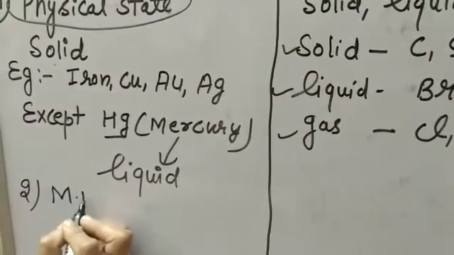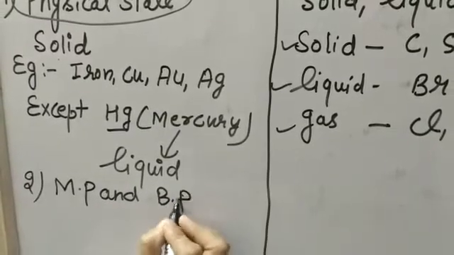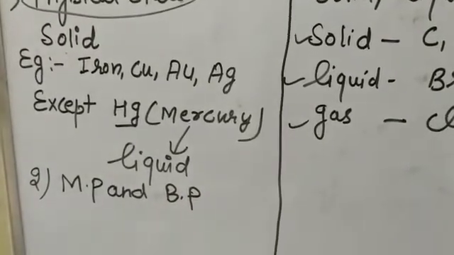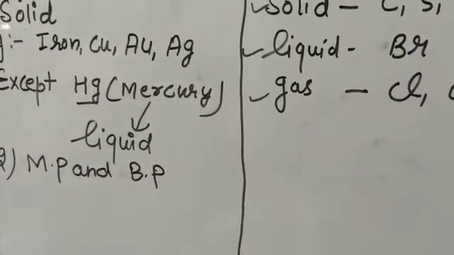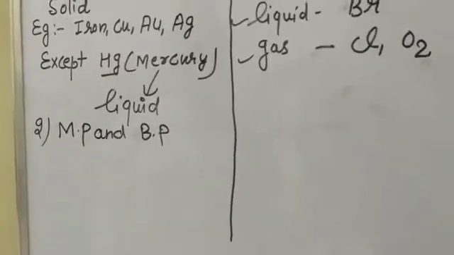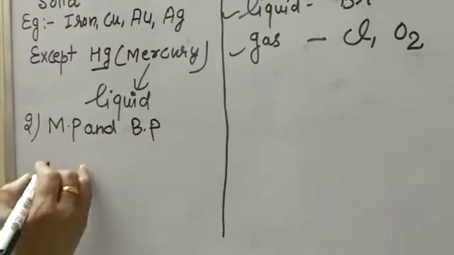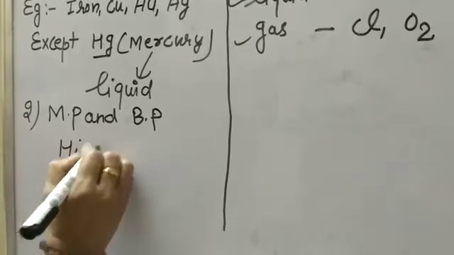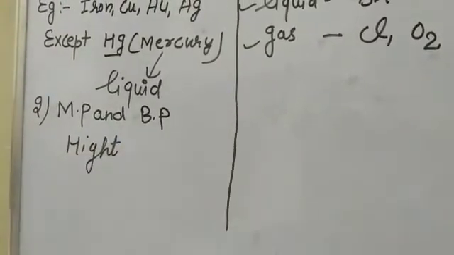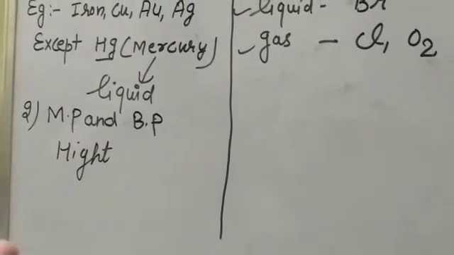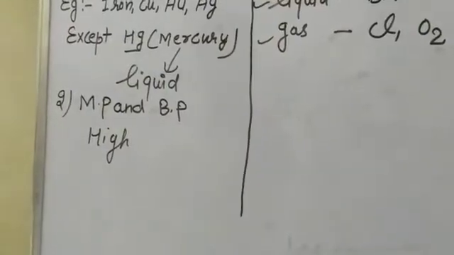melting point and boiling point. Metals generally have high melting as well as high boiling points.